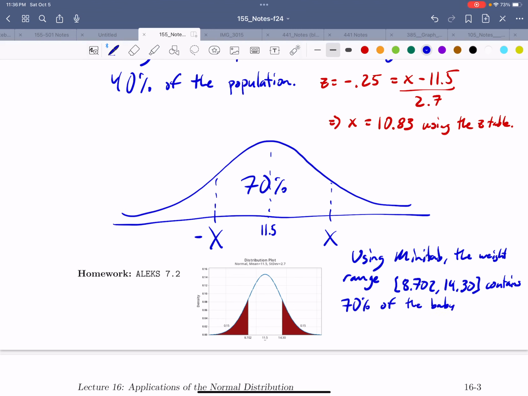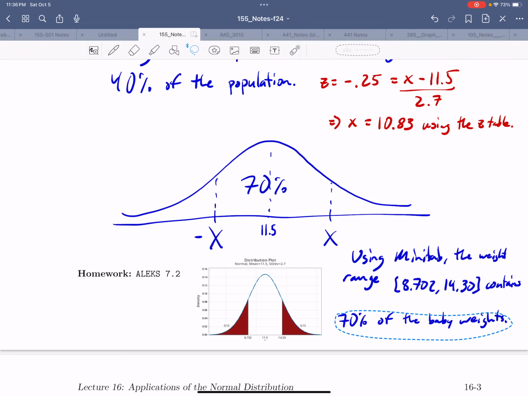And again, we're always assuming they're male baby weights. Or maybe I should say contains the middle 70%. There you go. That's all.